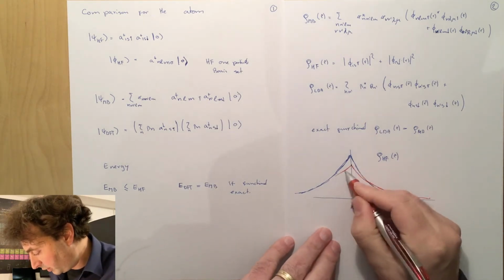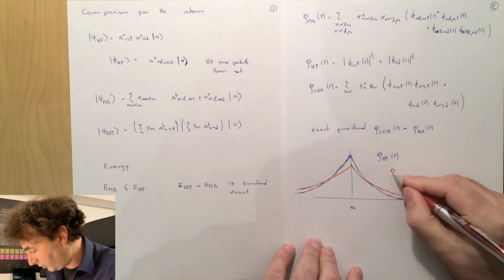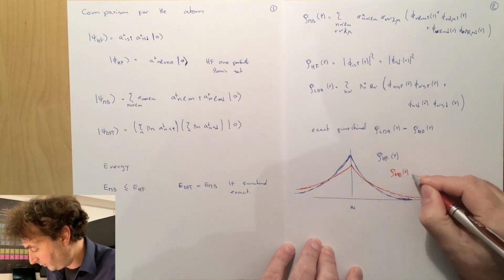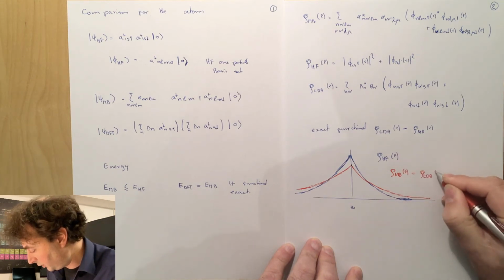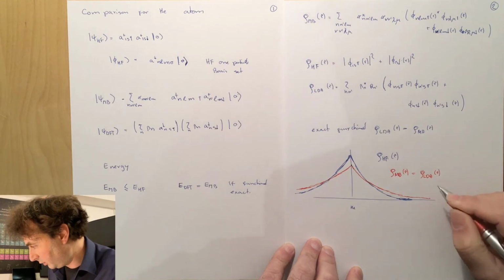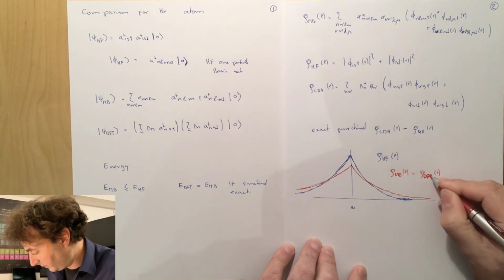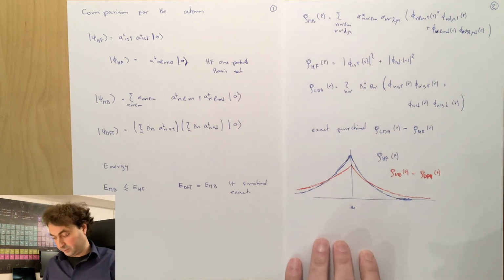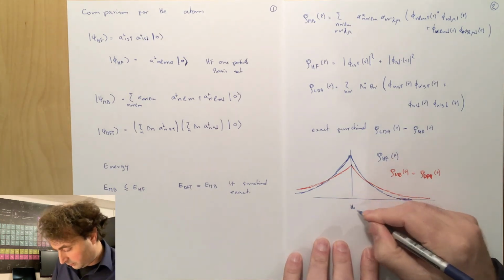The real wave function is more extended than the Hartree-Fock wave function, or the real charge density is more extended than the Hartree-Fock charge density, but the LDA charge density, or the DFT charge density, which is the better statement here, should be the exact charge density as a function of R.